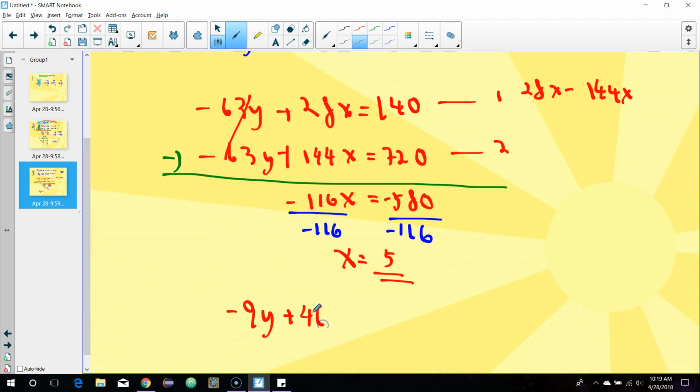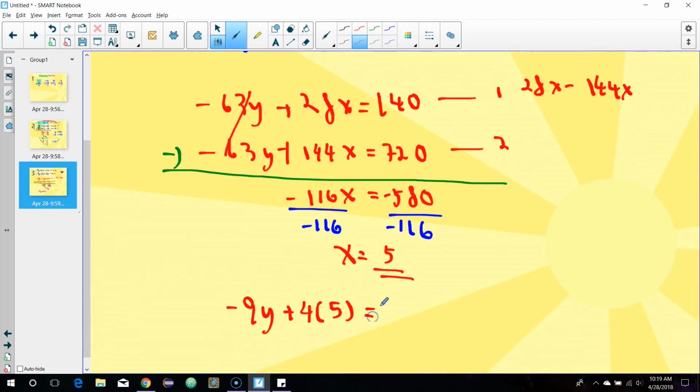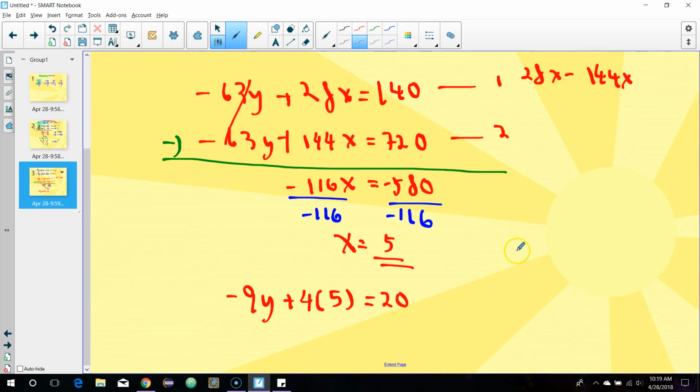What do I have for x now? Just look up, the very last line you did, x is going to be 5. So copy everything, and now we are at the very last stage. So negative 9y plus 4 times 5.